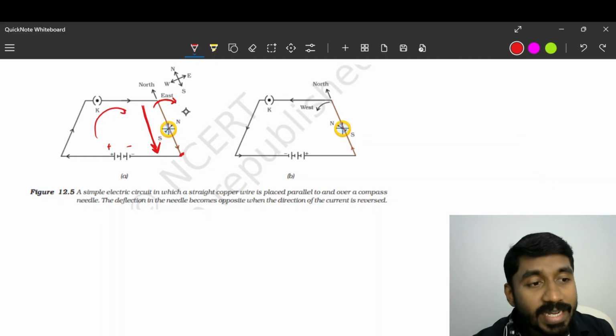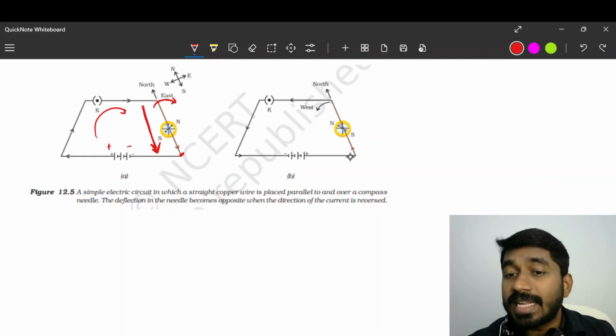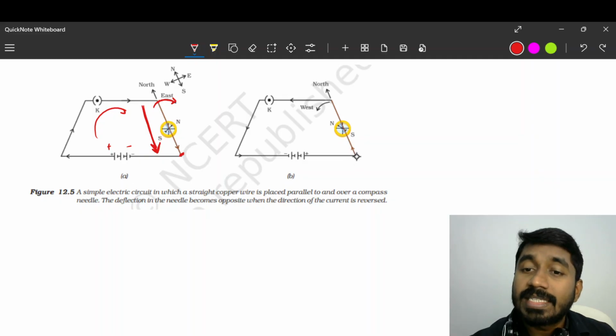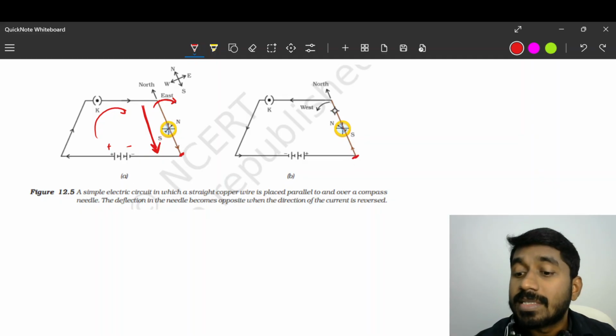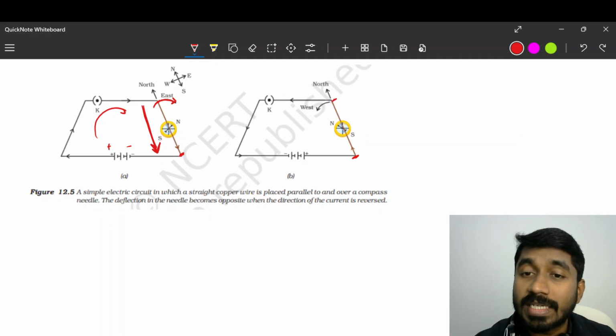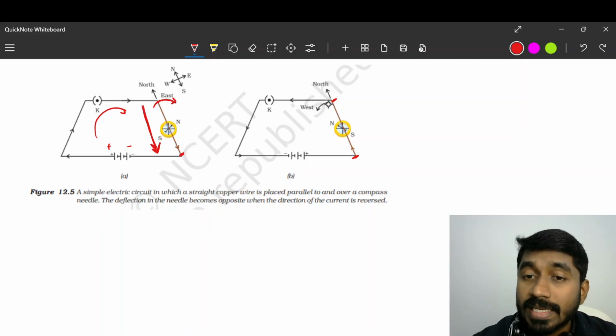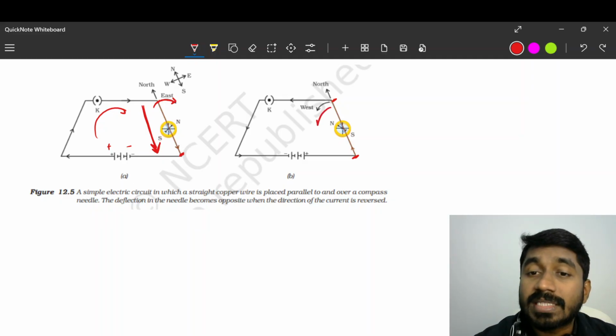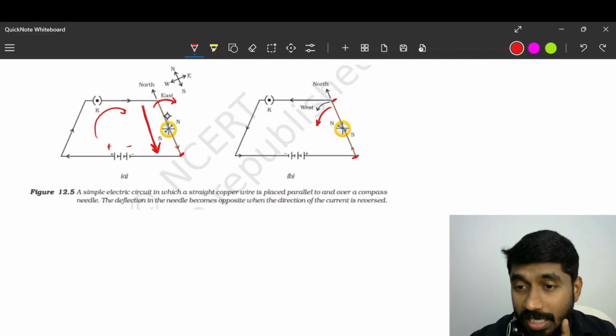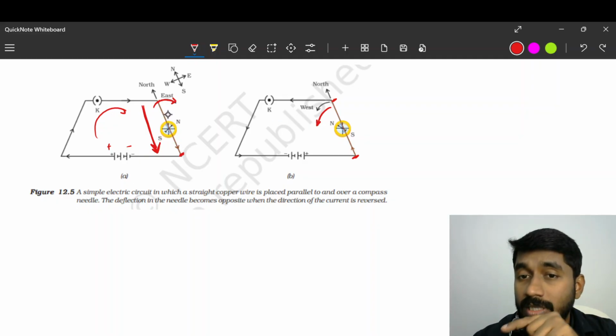Clear? Now here I changed the direction of the current from south to north pole. So here the current direction is from south to north pole, and I found that the magnetic needle deflection reverses. Initially the magnetic needle deflected towards the east.